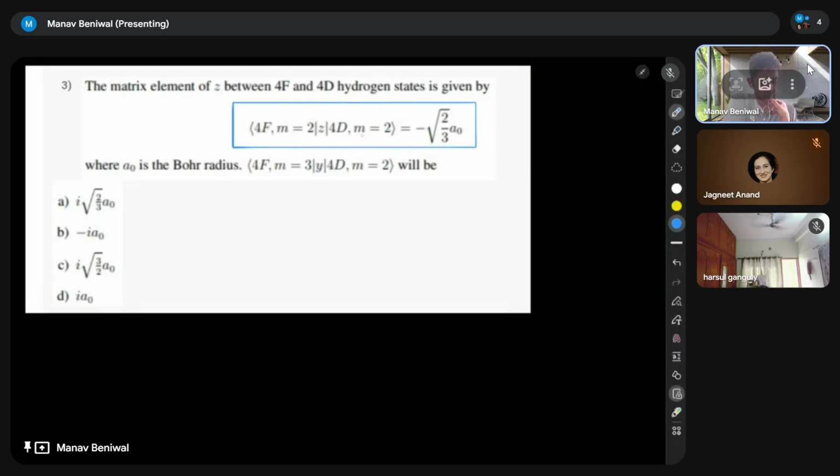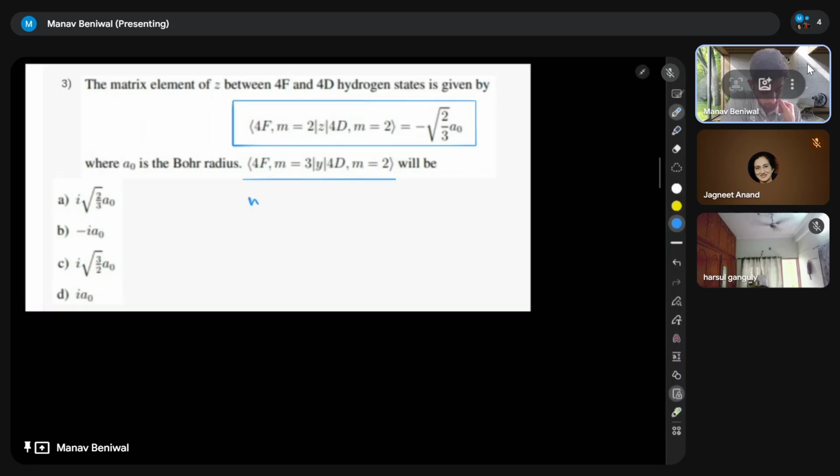If this is given to you, then what will be this value? Notice what has changed. Here m has gone from 2 to 3 on the left side, on the bra side, and z has changed to y. These two things have changed.